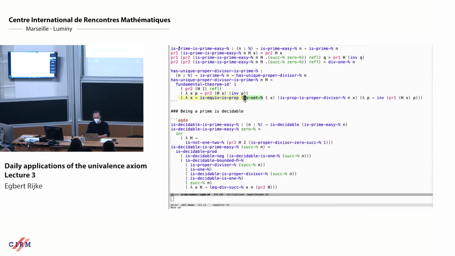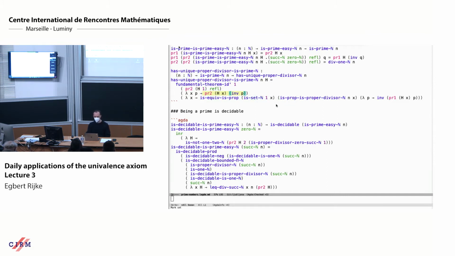Essentially what this says is you use that from the assumption that n is a prime, you know that any natural number is a proper divisor if and only if it's 1. This is the backwards direction, so if it's 1, then it's a proper divisor. And here again, if it's 1, then it's a proper divisor. We're using that assumption twice.